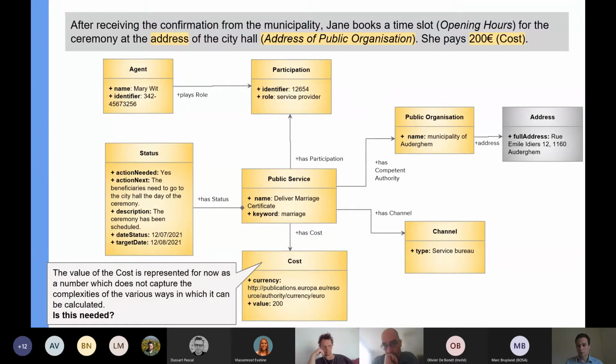Does everyone agree with that? So agree to add one field to capture some text about the cost structure at this stage, and to leave out for now the calculation of the cost, so the business logic behind.